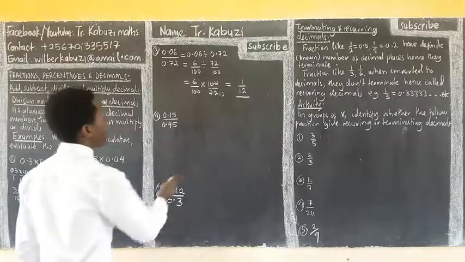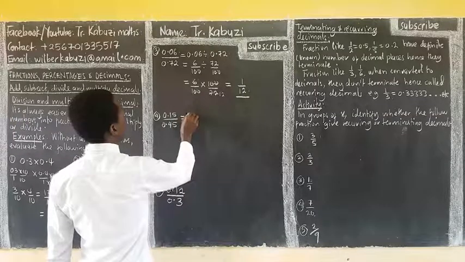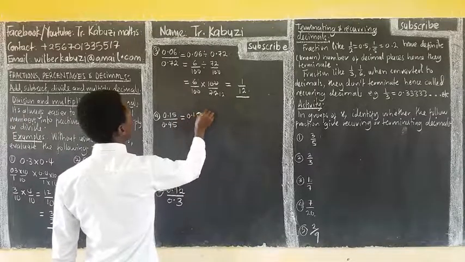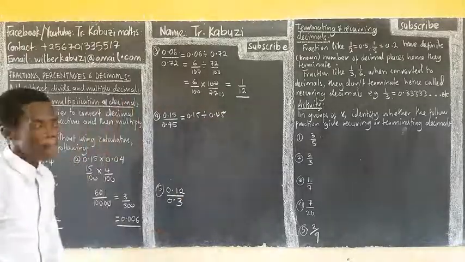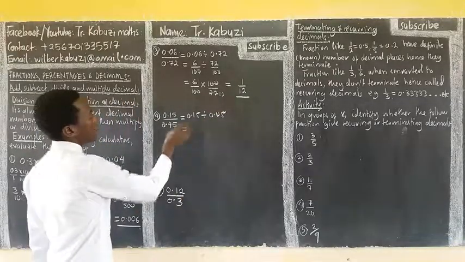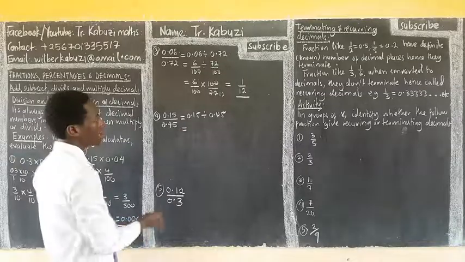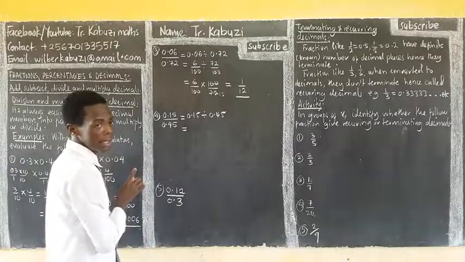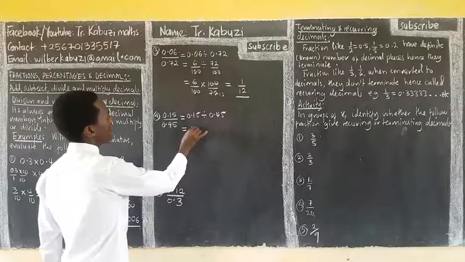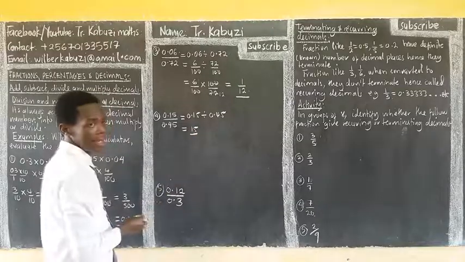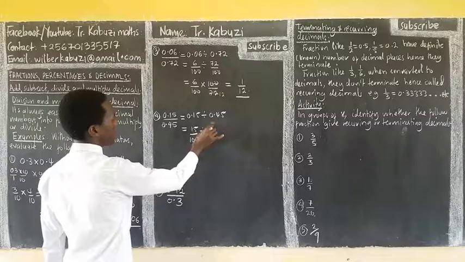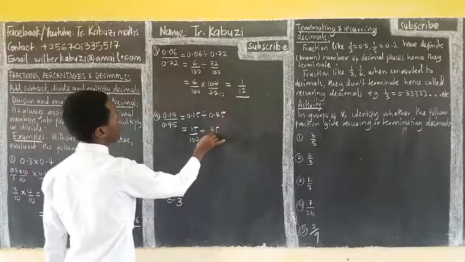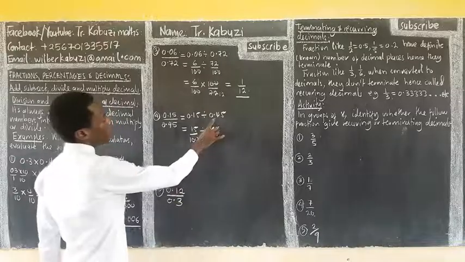The same idea here. We have 0.15 divided by 0.45. How do you convert this to a fraction? You see how many decimal places? 2. So I will be having 15 over 100, then divide by 45 over 100.